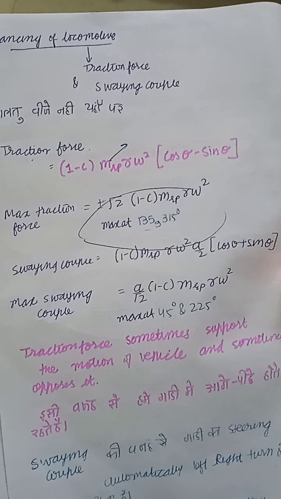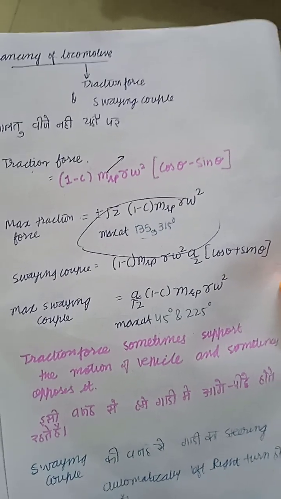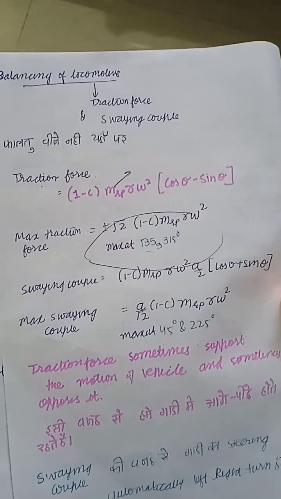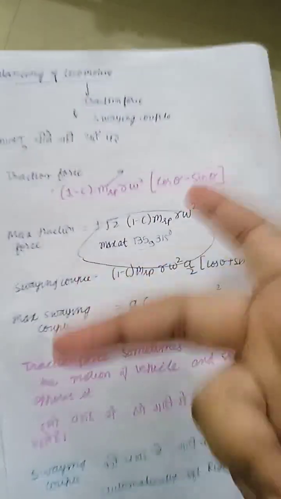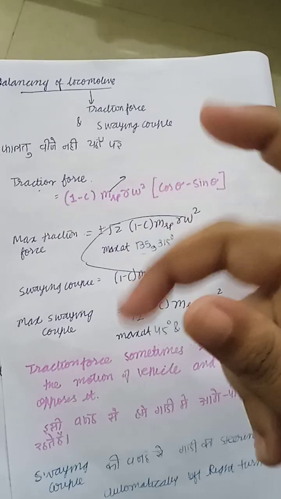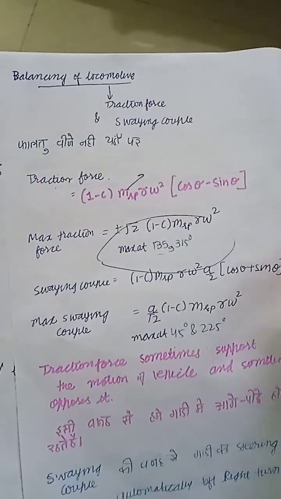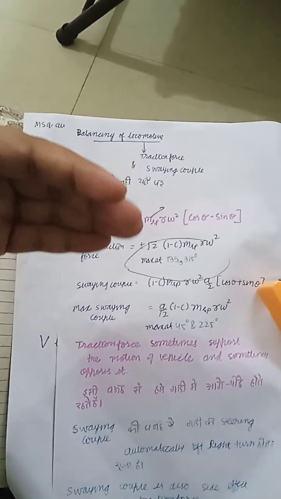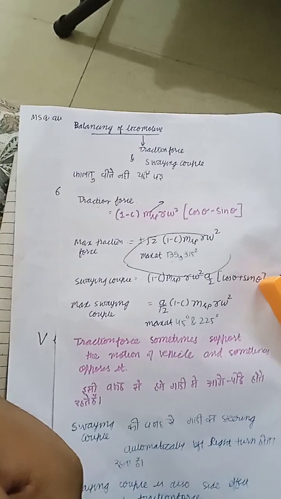Now I will tell you that the traction force and this are both side effects of balancing. Like we did somewhat balancing, some imbalance remains, and this remaining imbalance causes some effects. What are the effects? Traction force. The traction force is in horizontal direction. Sometimes the force can be in the positive x-axis, in the direction of vehicle movement.